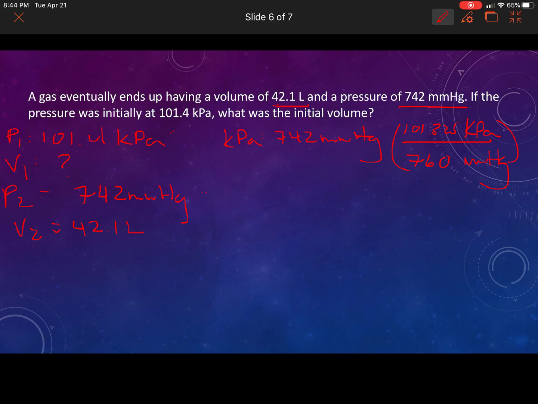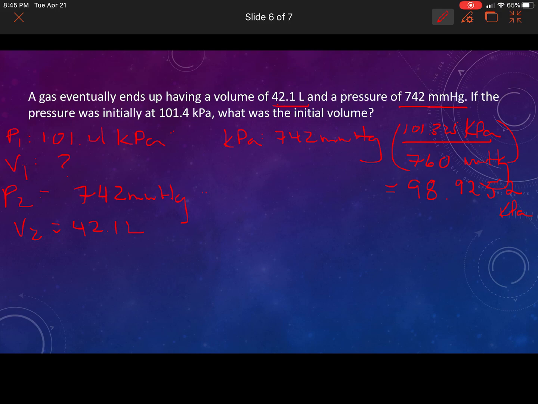And that means your millimeters of mercury is going to cancel out here. I'm just going to do the math here. 101.325 divided by 760. Now again, don't worry about the sig figs here. You're just going to carry quite a few at this point. So 92.9252 kPa.